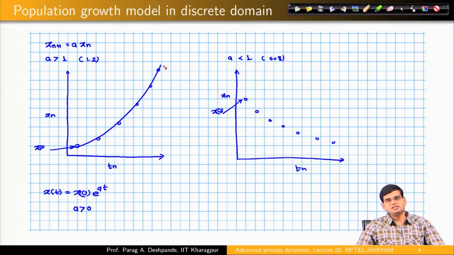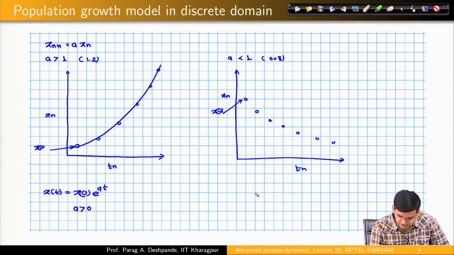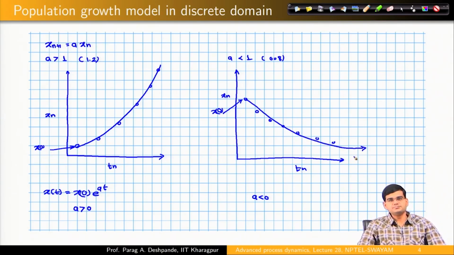You saw an ever increasing population, right. And when a was less than 0, you saw that the population would converge to tend to 0. This is what we also see from here, right.